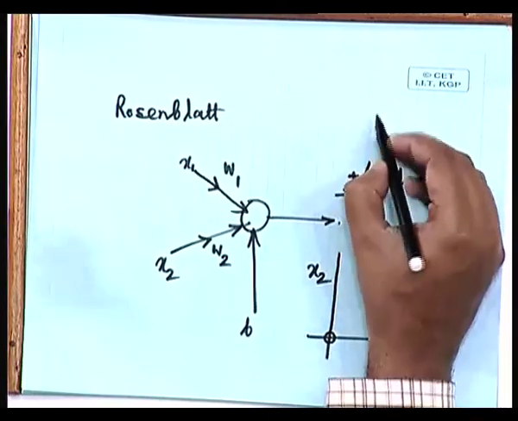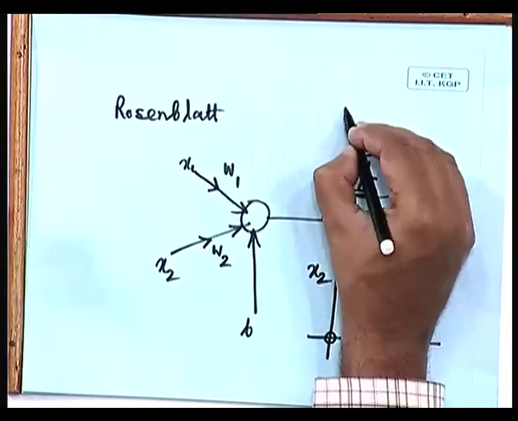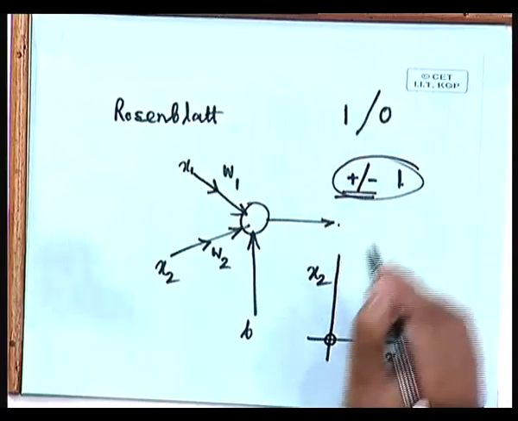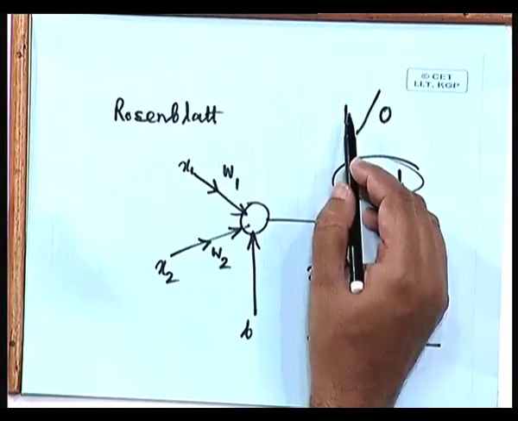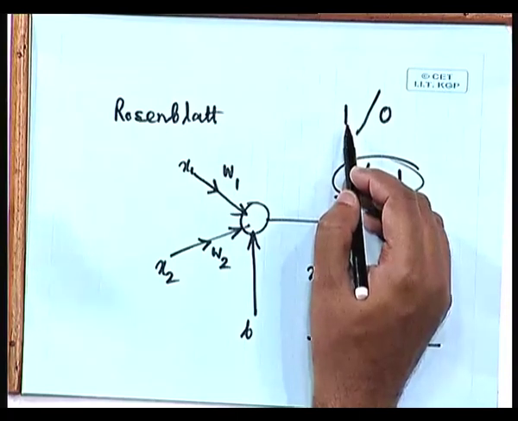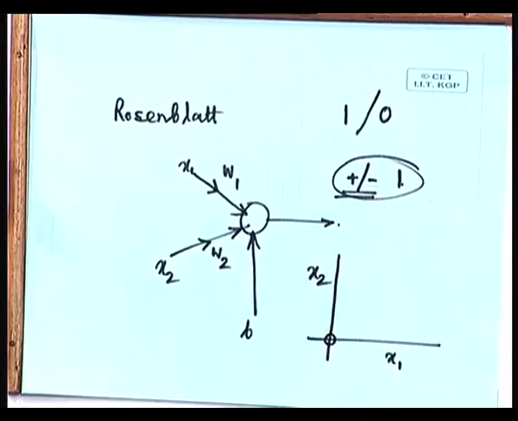Or let us say that why to consider +1 and -1? Let us say that it is 1 or 0. That means to say that if it is greater than or equal to threshold, it is equal to 1, and if it is less than the threshold, then it is equal to 0.